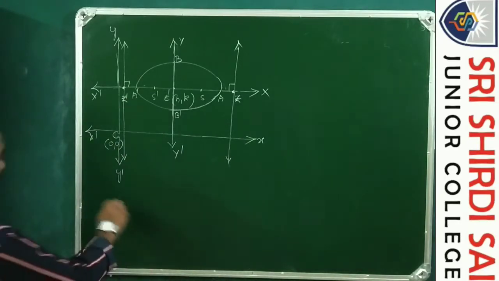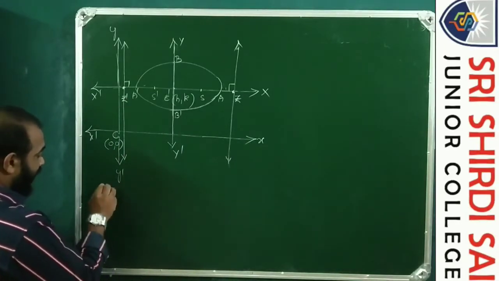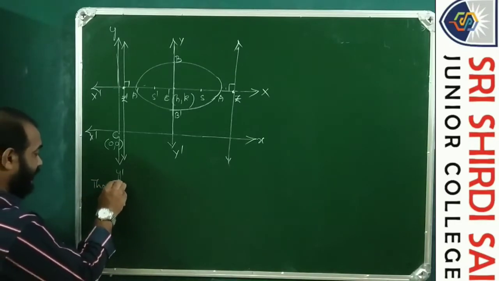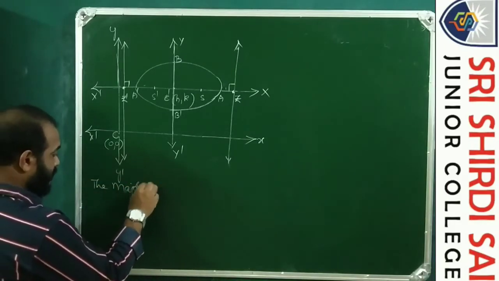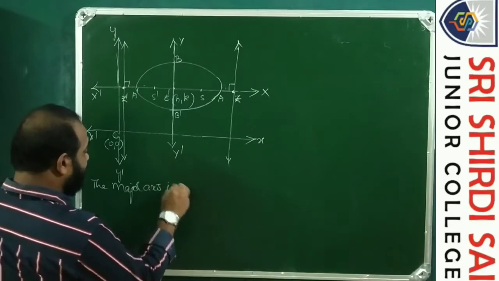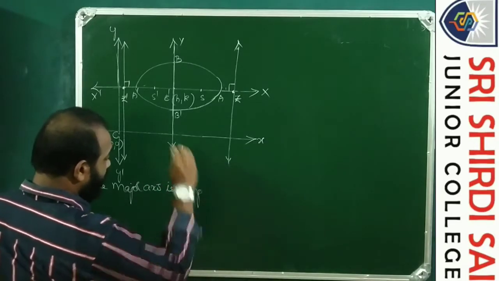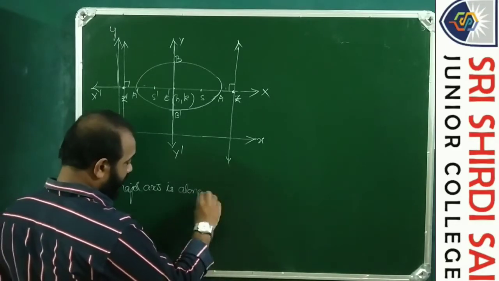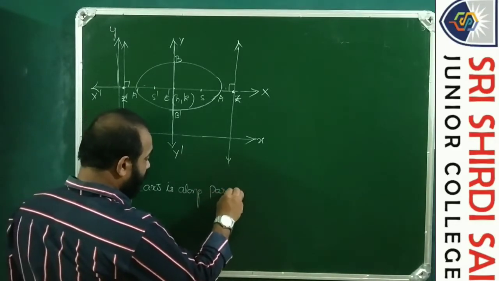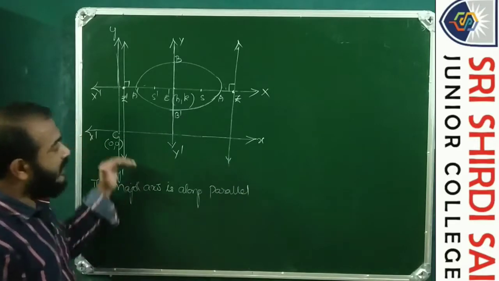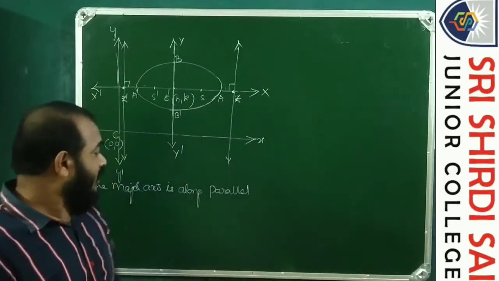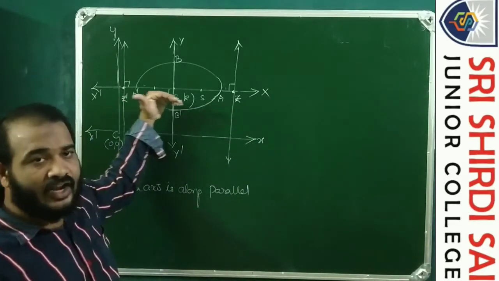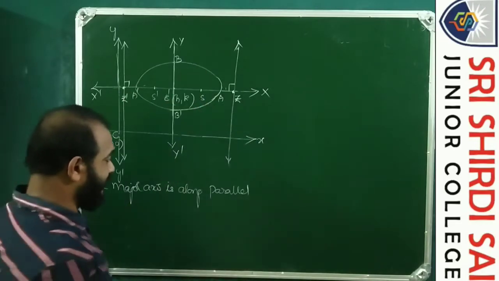So here the major axis is parallel to, earlier major axis is along x axis. Here the major axis is parallel to x axis.